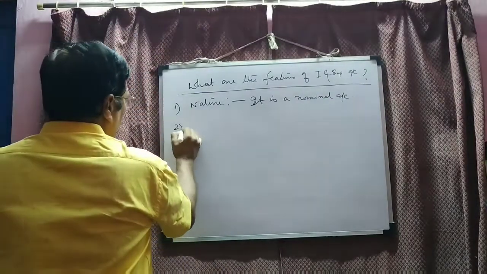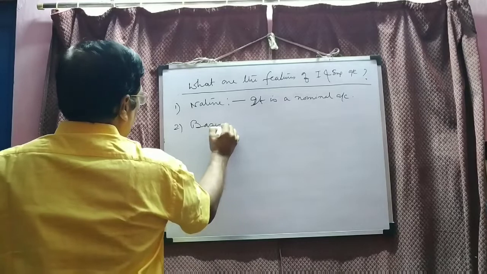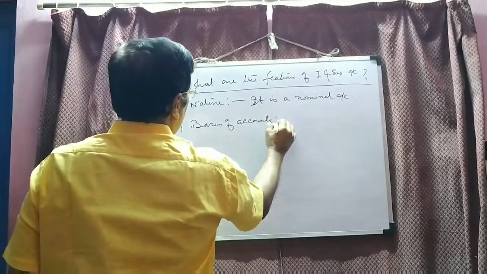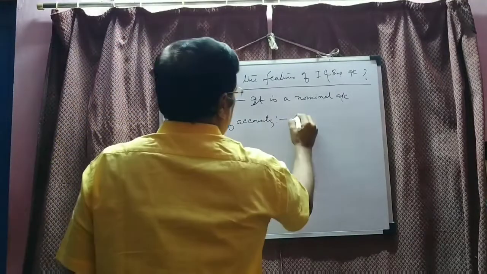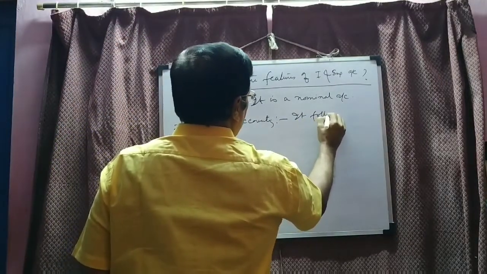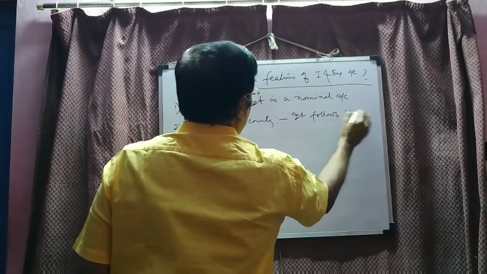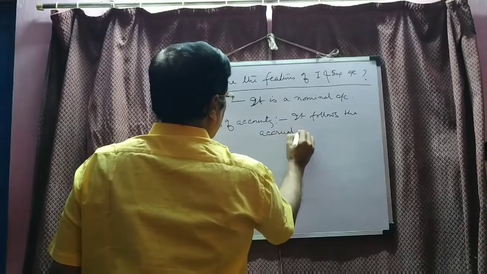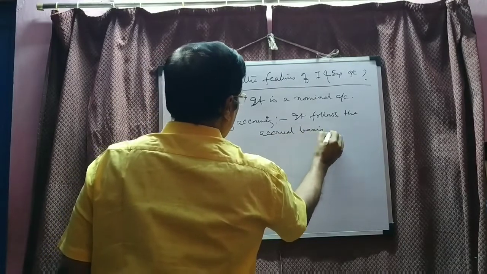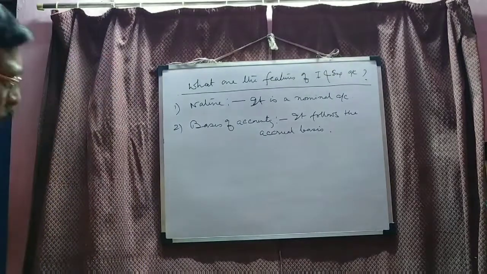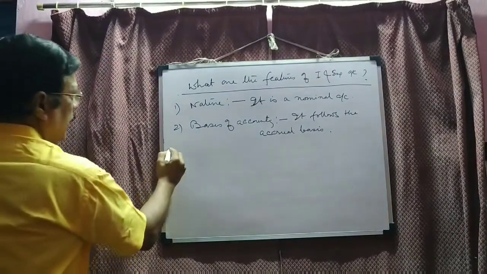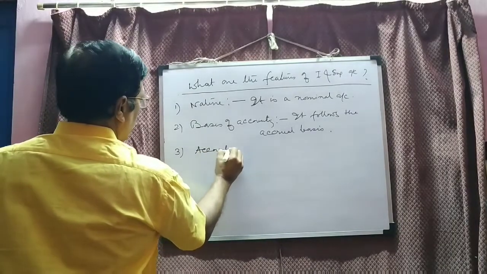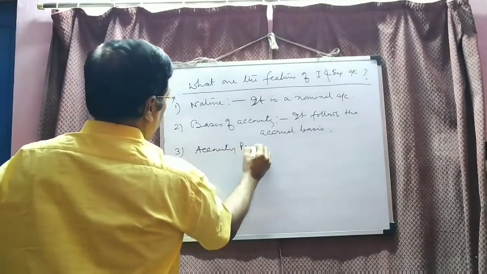Now, number two, basis of accounting. It follows the accrual basis. Number 3, accounting period.